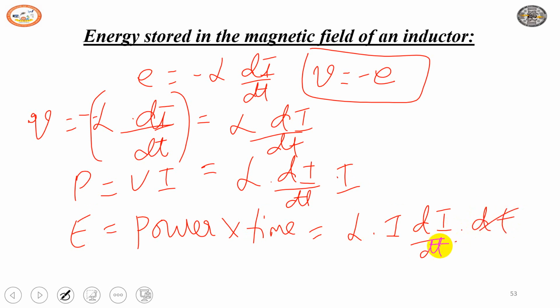The dt cancels, so we get E is equal to L i into di.